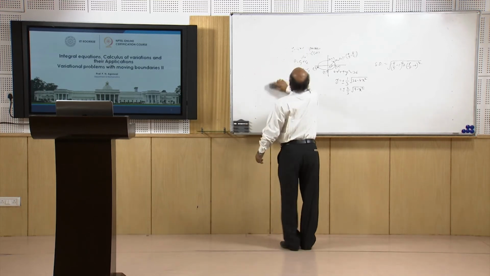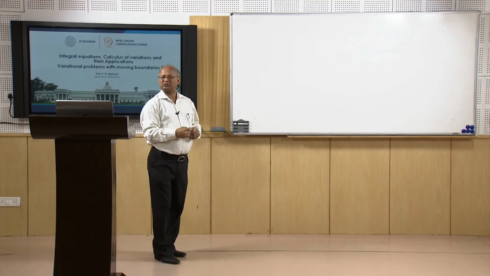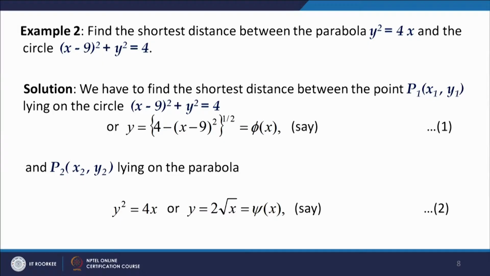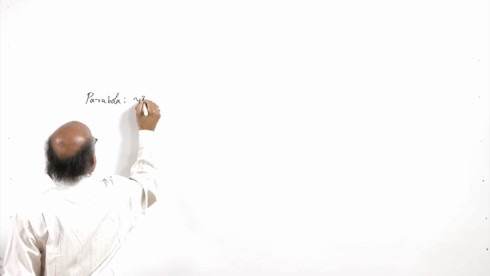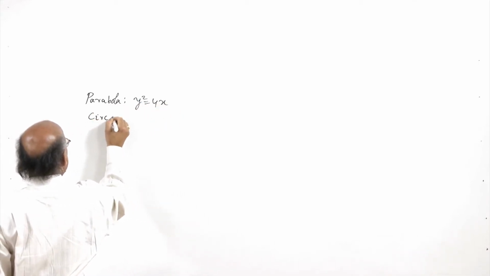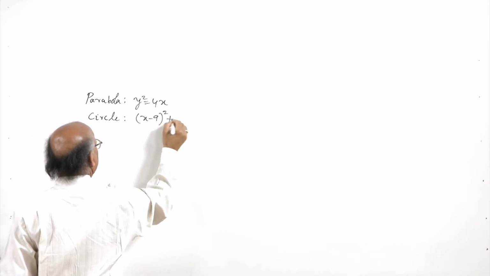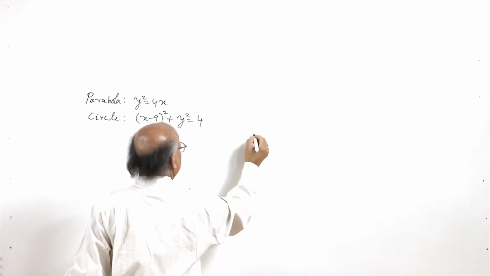So let us draw the figure first. So we have to find the shortest distance between the parabola y square equal to 4x and the circle. So parabola here is y square equal to 4x and circle is (x minus 9) whole square plus y square equal to 4. So let us draw the figure.